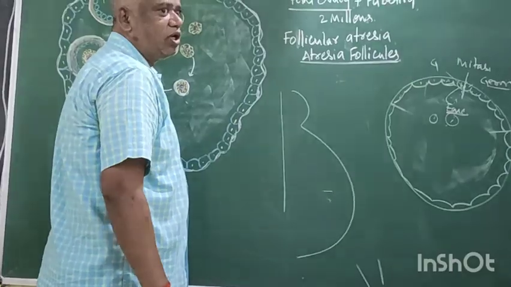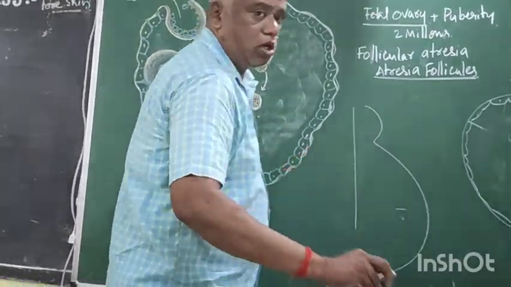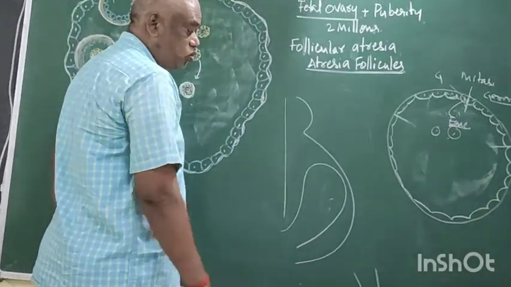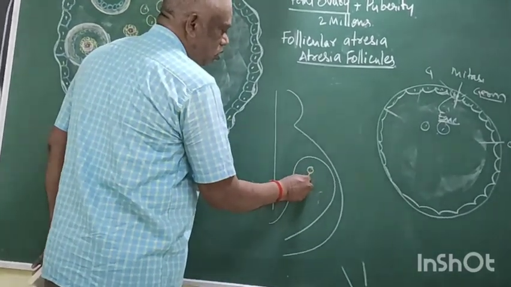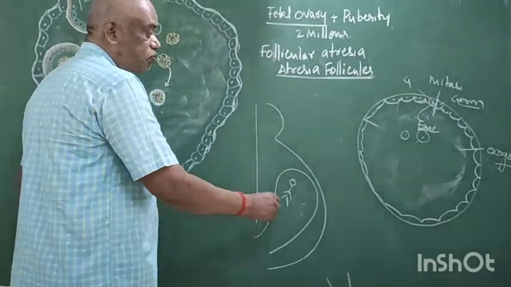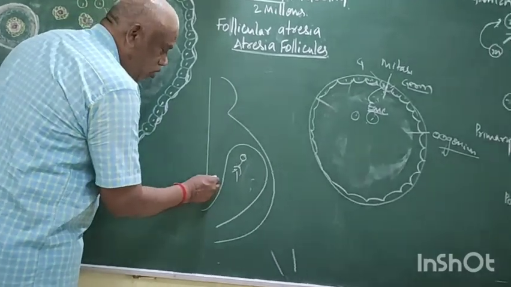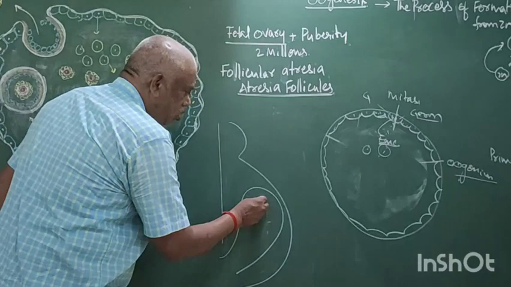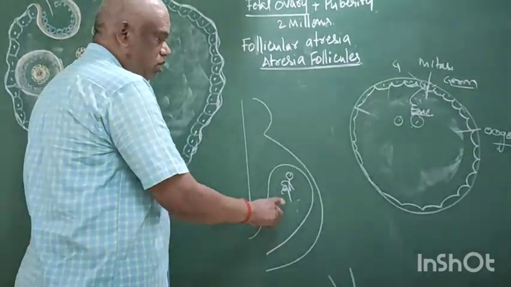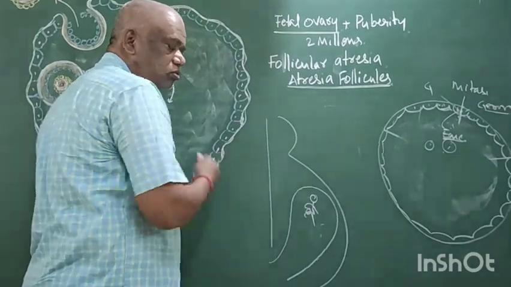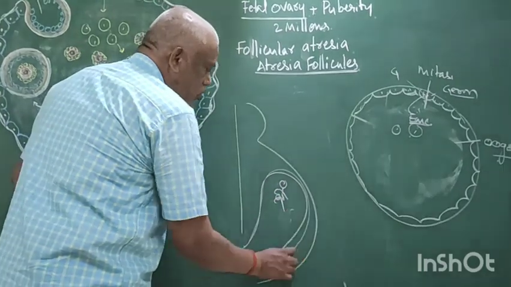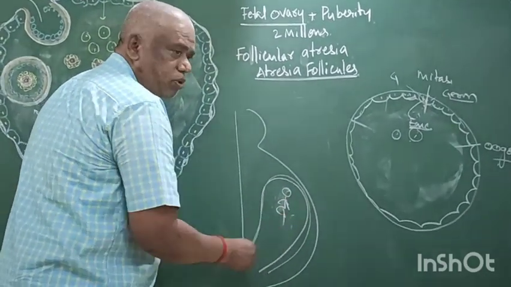When you are in the mother's womb, as a female embryo, that is a fetus. Now see, the mother is pregnant. This is the uterus, and this is the embryo.